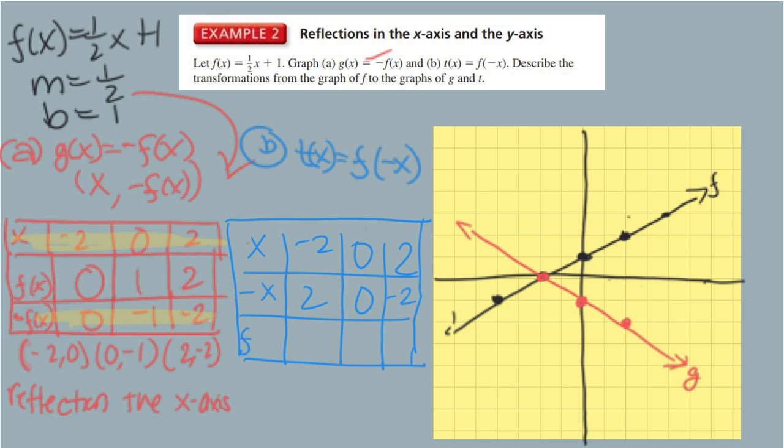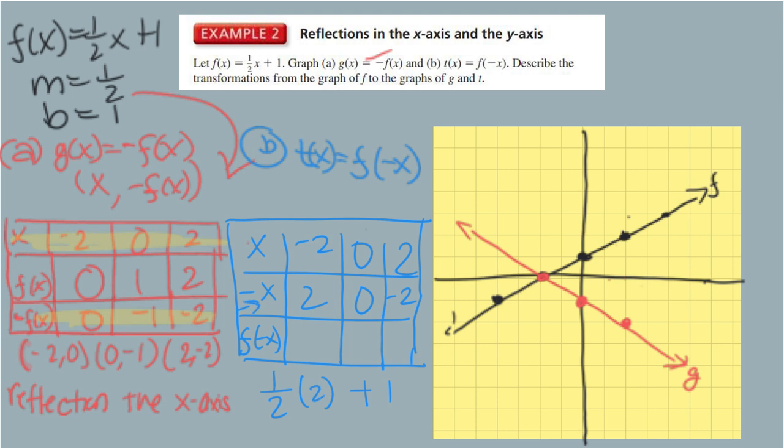Now we have f of x times -x. We'll be using our parent equation, which was what? Half of x plus 1. Here, who's x now? 2, correct? Because it's the -1 that we are using now.